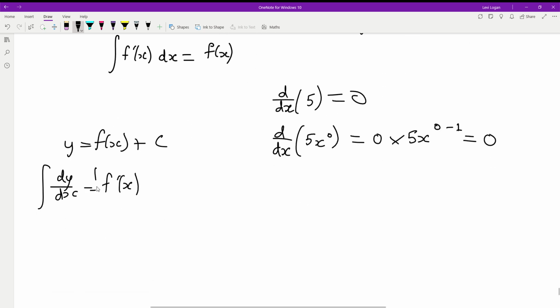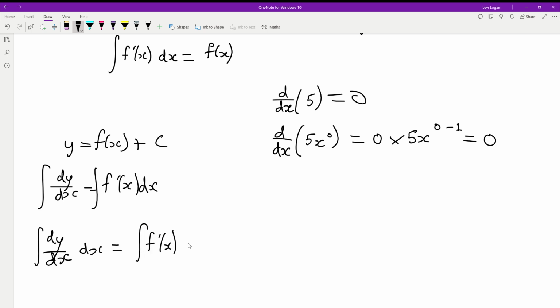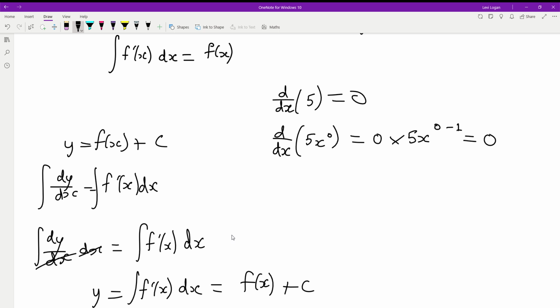But if I integrate that, it undoes my derivative. The reason why it undoes that is because mechanically it cancels the dx's here, and the integral undoes that change in y. So we get y equals the integral of f dash of x with respect to x, which gives us f of x. However, we lost our c, so we need to do a plus c to account for anything we've lost when we differentiate it.